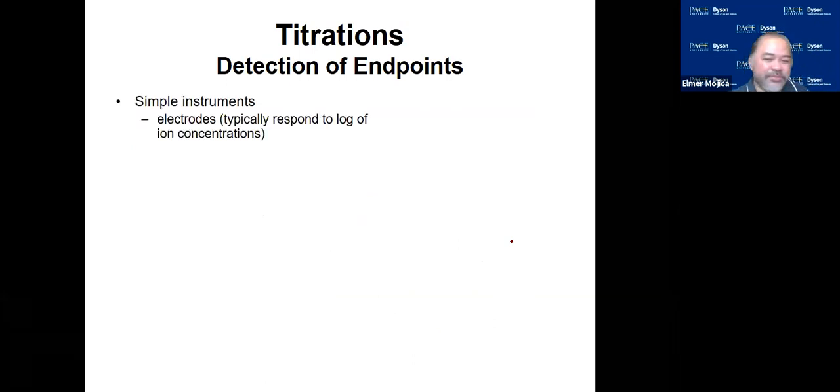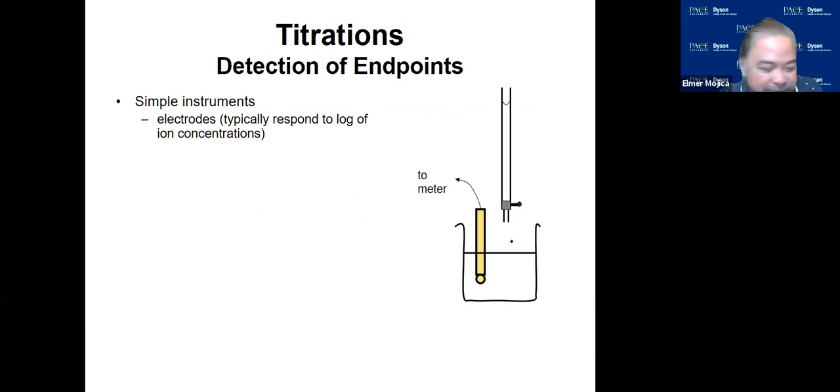In the simple instrument that we have, we usually use an electrode. How does it look like? It's like this. The electrode would typically respond to the log of the ion concentration. So you're going to do an experiment like this, experiment 11 that I'm going to move next week, and the last experiment, which is experiment 12.